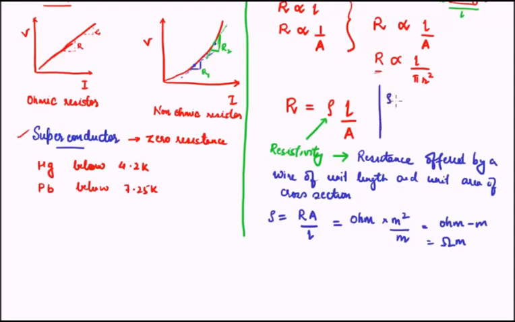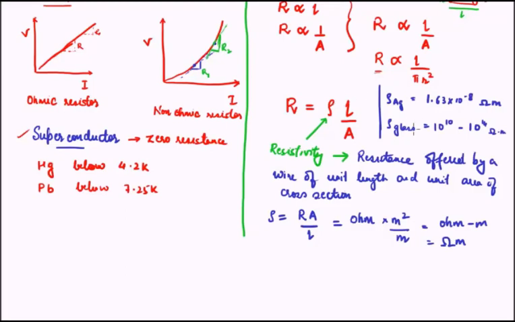Rho for silver, Ag, is 1.63 into 10 power minus 8 ohm meter, whereas for an insulator, glass, its resistivity is of the order of 10 to the power 10 to 10 to the power 14 ohm meter. You can see that this is minus 8, so small, and this is power 10 or 14, so large. So resistivity is basically the notation that will decide whether a material is an insulator or a semiconductor or a conductor.